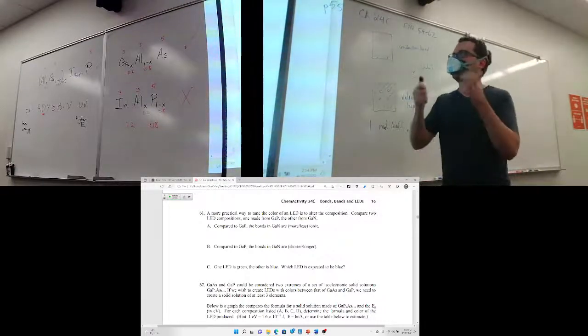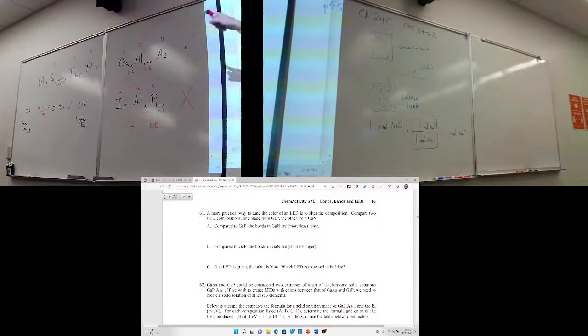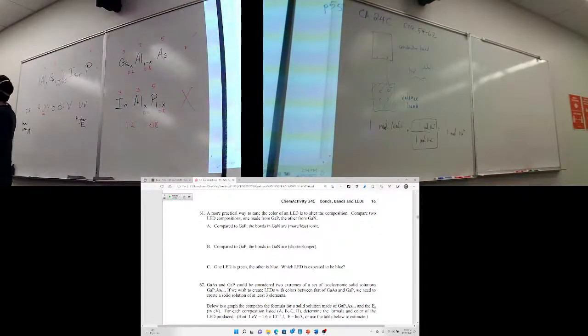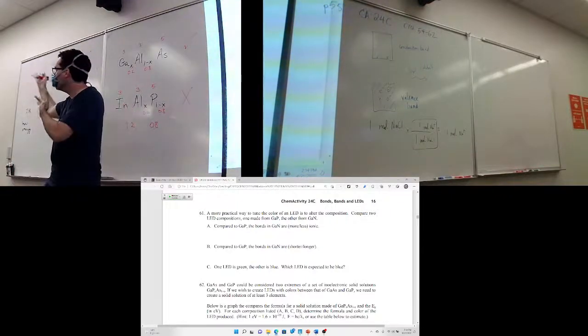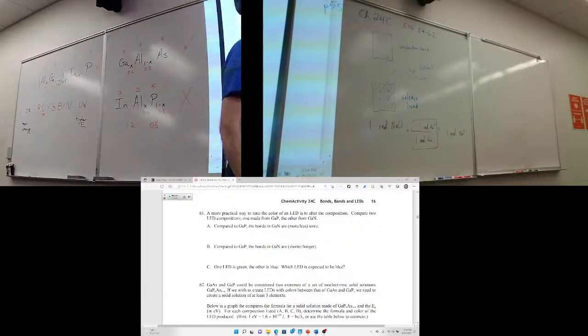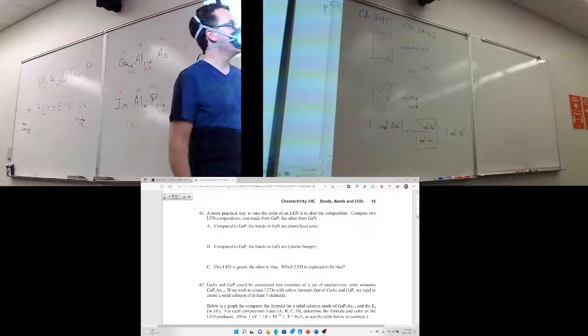So when you switch from phosphorus to nitrogen, nitrogen is more electronegative than phosphorus. Gallium is the same, right? So if you go from a slightly less to slightly more electronegative, you get a bigger difference in electronegativity between gallium and the nitrogen in this case. So it's more ionic. Are the bonds in gallium nitride shorter or longer? They're shorter. Nitrogen's smaller, so you're going to make shorter bonds.